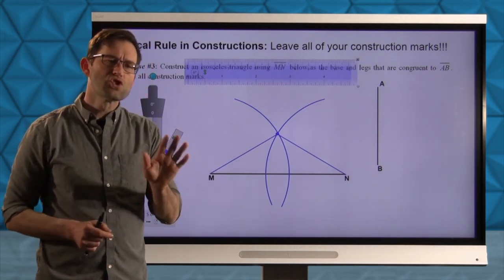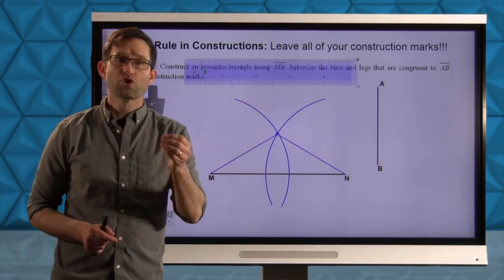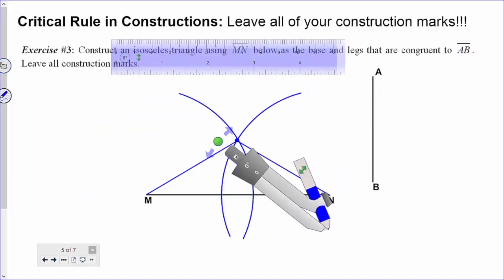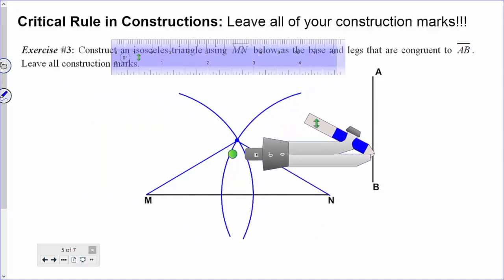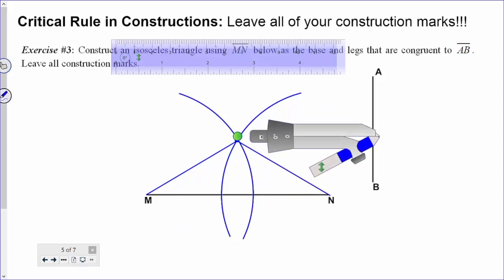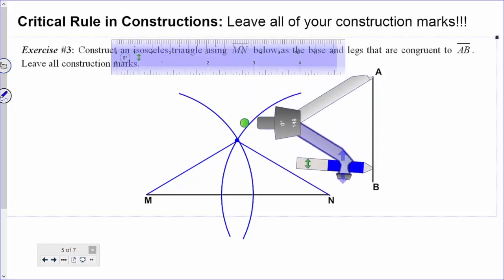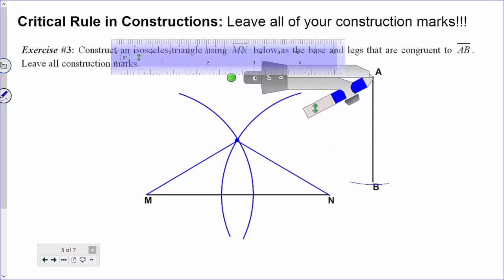But I really should have shown that I measured the length of AB. And the way that you show that you've made a measurement is by actually making a mark on that object. So that thing that I twice measured, I'm going to go back and measure one more time. Not really going to measure it, but what I'm going to do is go out like this, and then technically I should make a mark like that.